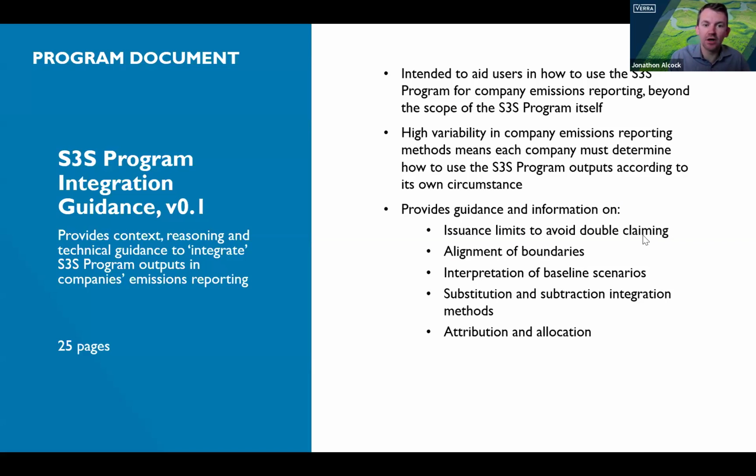This is a guidance document because it goes beyond the scope of what the program can assure and verify. But obviously the intention of the program is for companies to be able to report this information from value chain interventions in their emissions reporting.